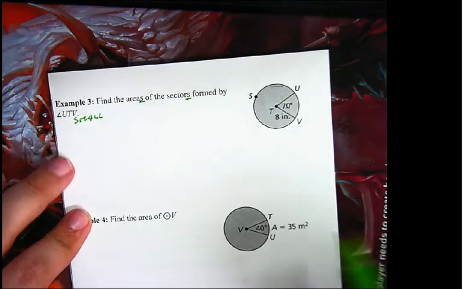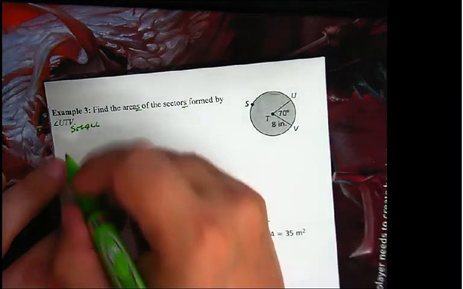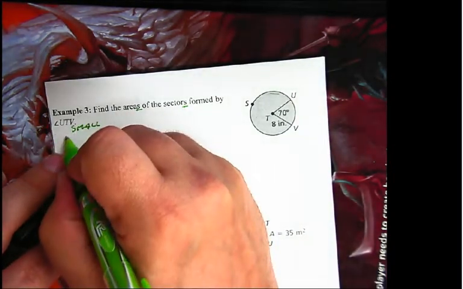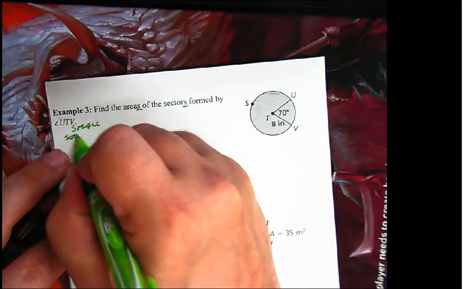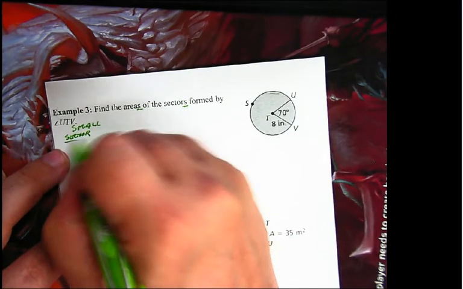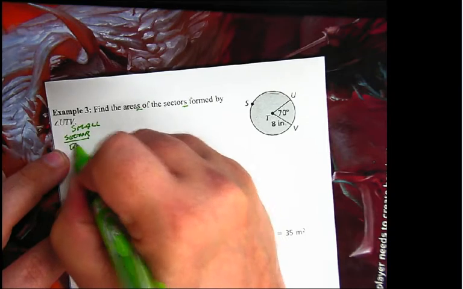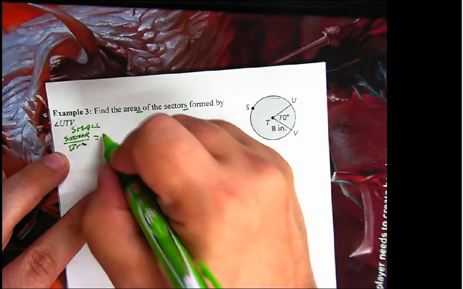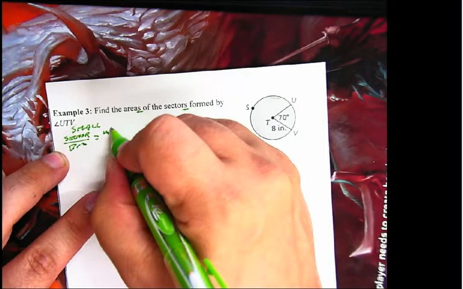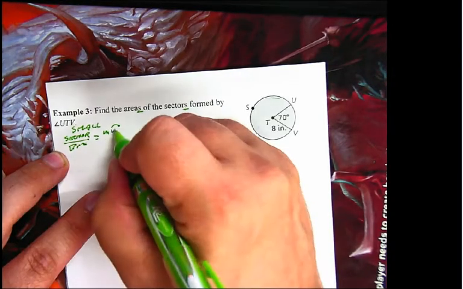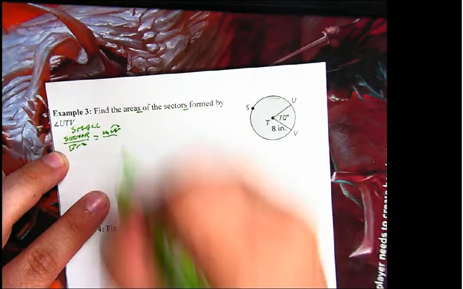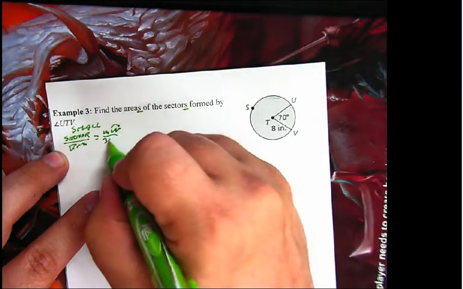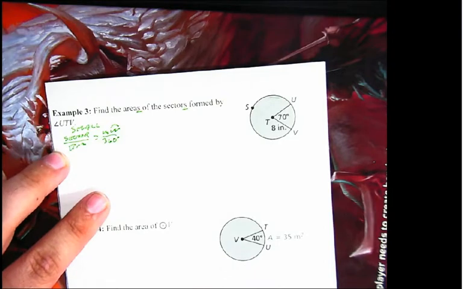Small sector. So our formula, we have the sector over pi r squared equals the measure of the arc, so arc UV over the entire thing, which is 360. Okay?